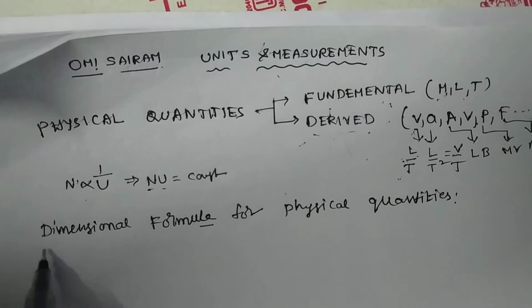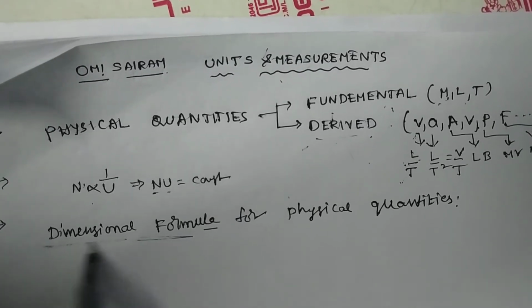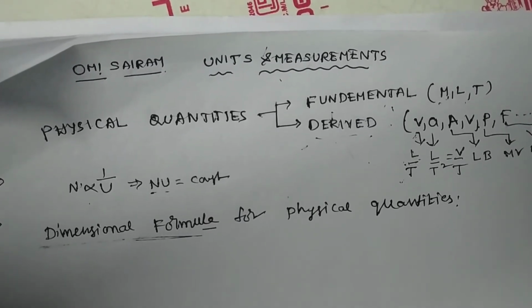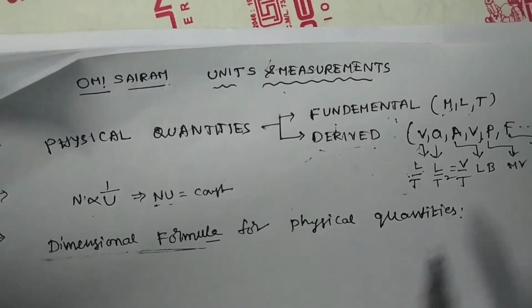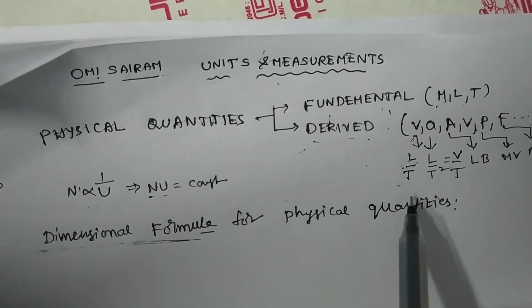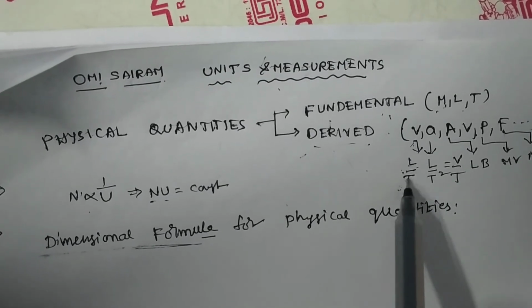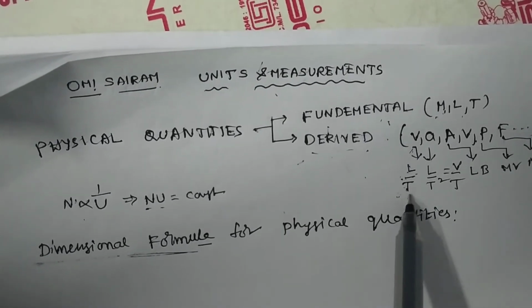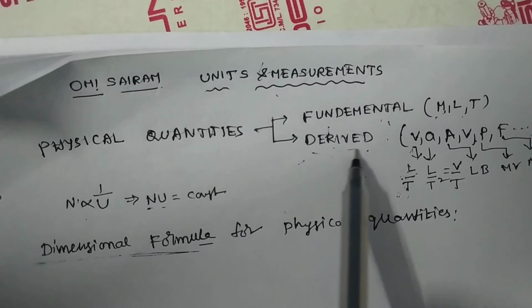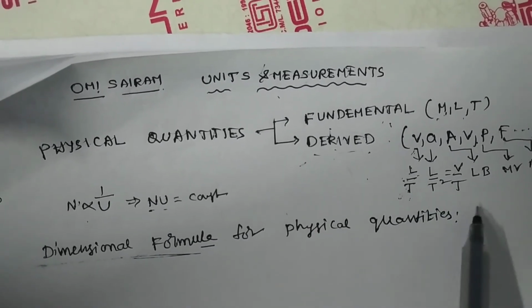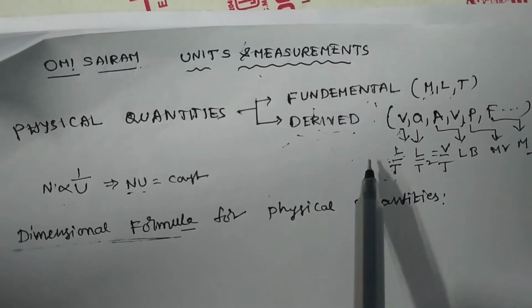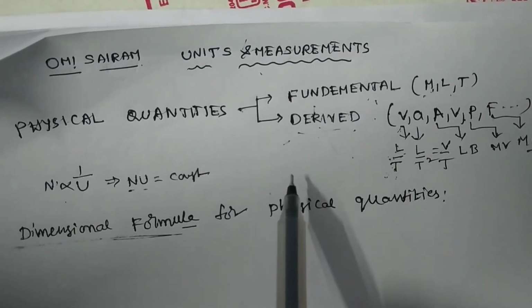What is meant by the dimensional formula? From this you observe that the powers of the fundamental physical quantities in derived quantities are not the same. They change based on the physical quantity.